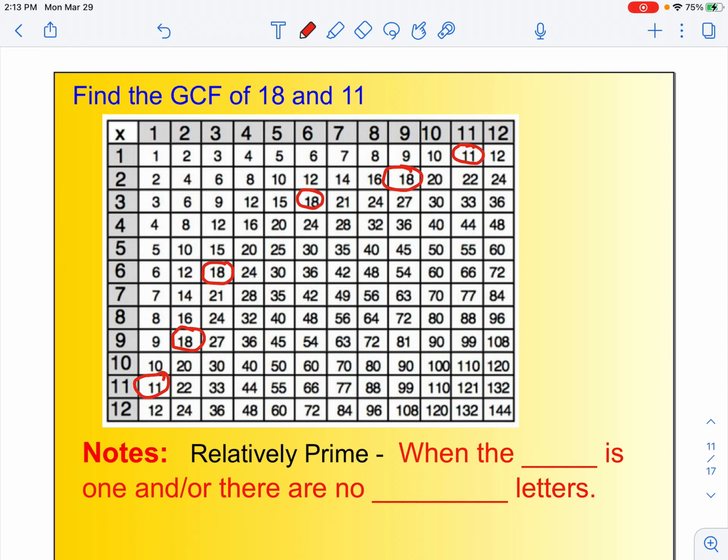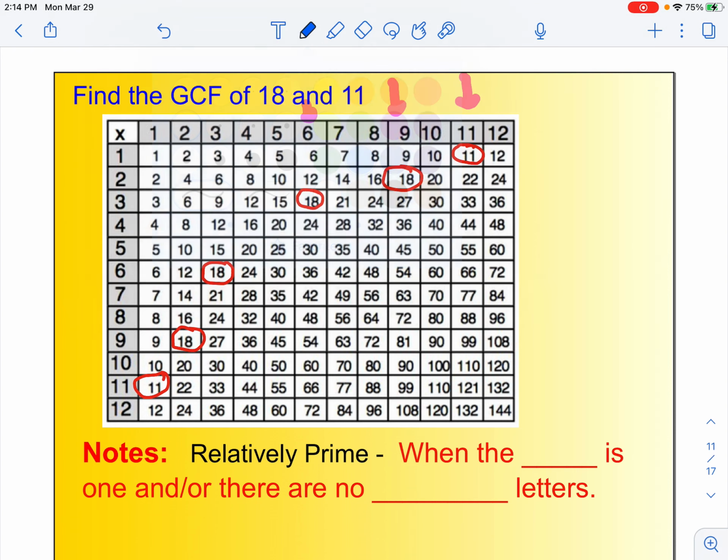And I think that's all I have. But notice how none of them line up with both numbers in the same column. And so when that happens, we call this relatively prime.